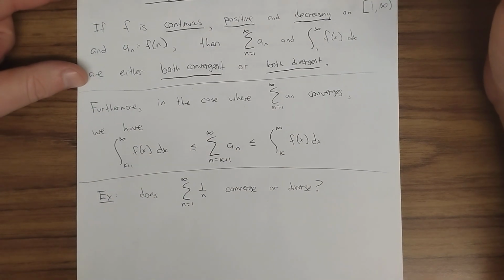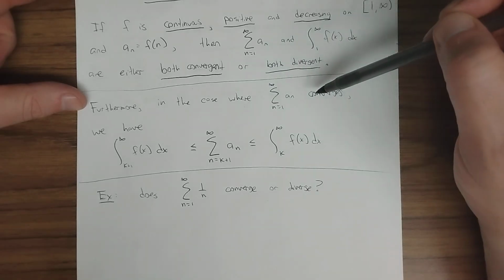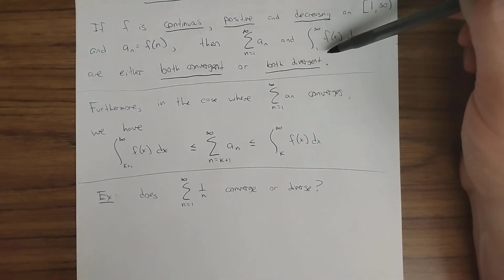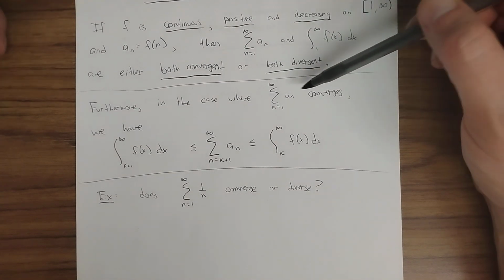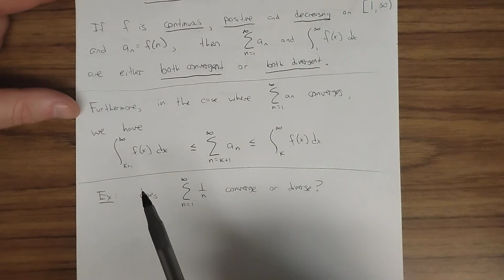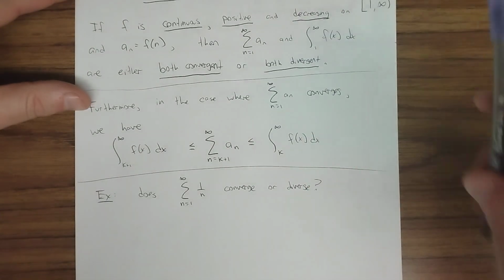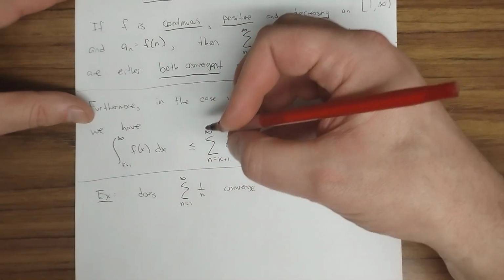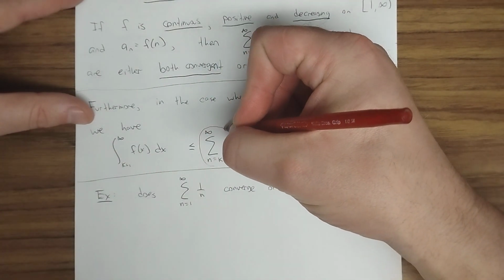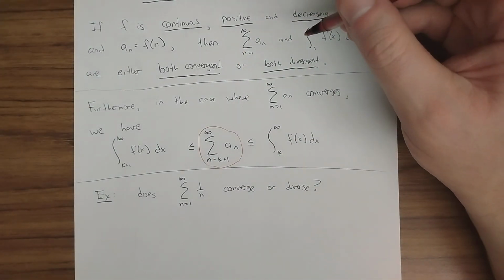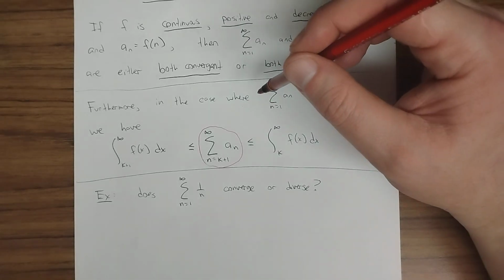Okay. Also, if we're in the case where the series converges, which is the case where they both converge, then we can estimate the error from partial sums using integrals. So what I mean is this is the sum if I start at n equals k plus 1 and go to infinity.